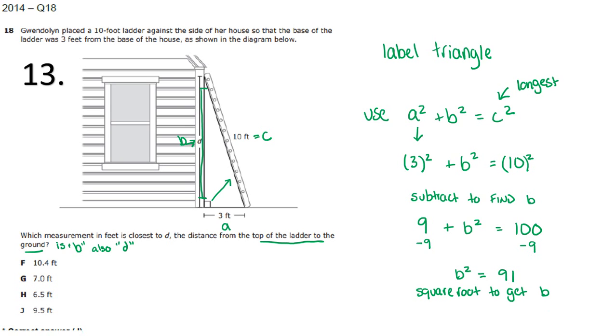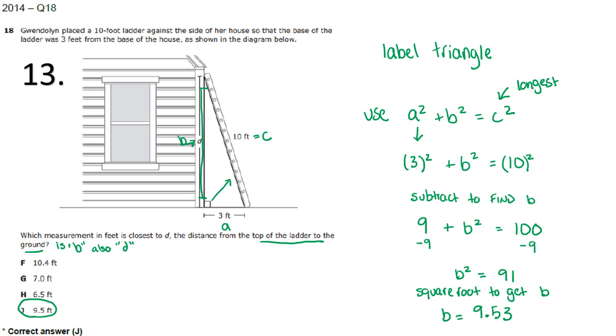If we take the square root of 91, you're hitting your second x squared key. Type in 91, and you have B to be what answer? You should have 9.53. 9.53 is really close to answer J.